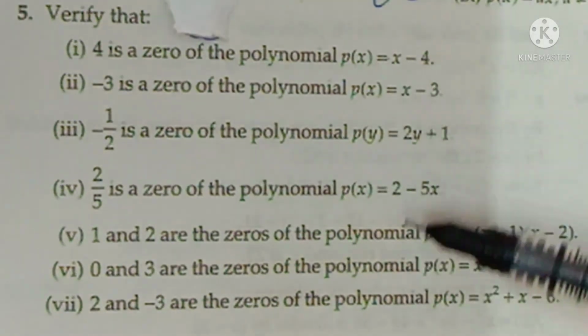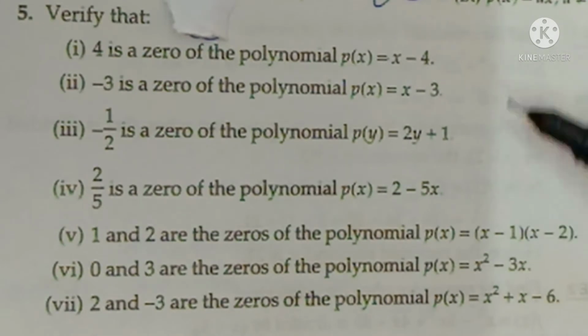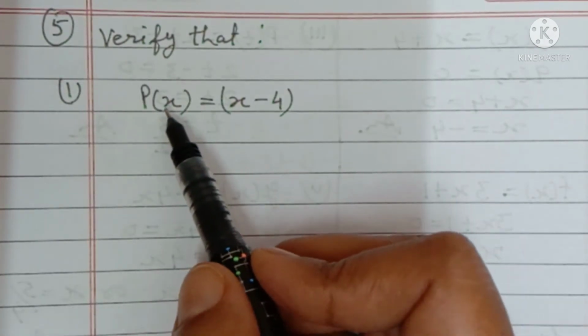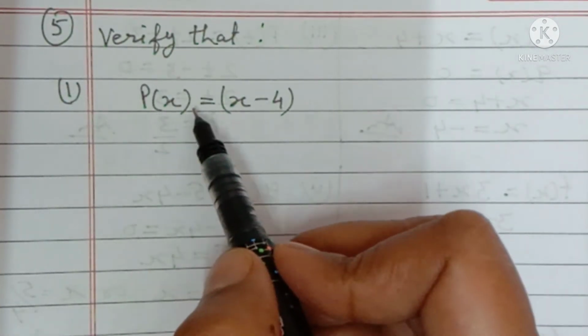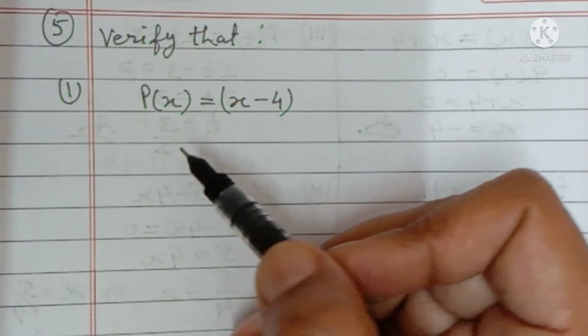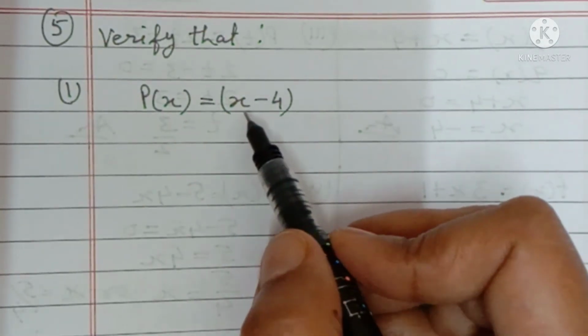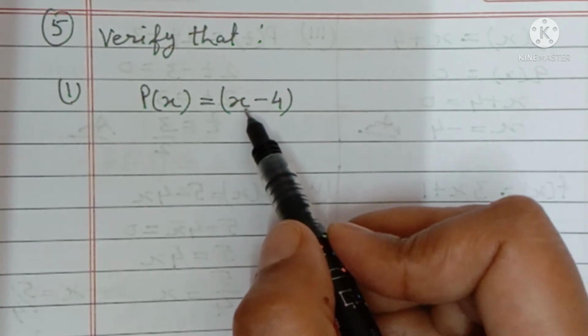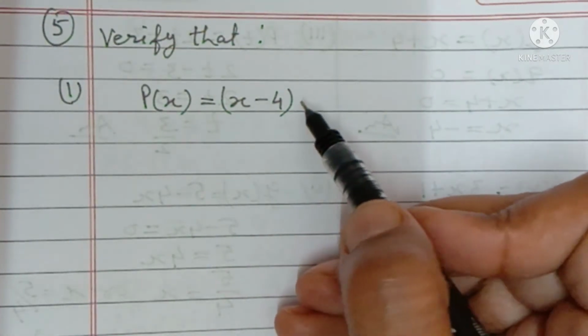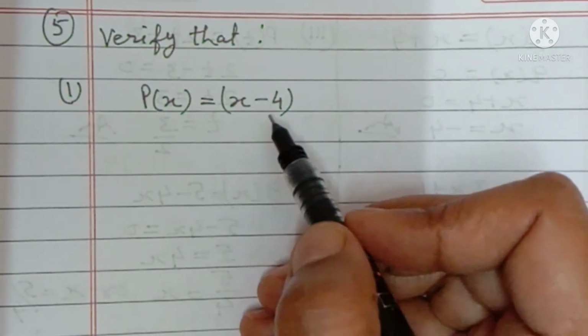So we will do it right now. And how to do? See. In this question, it is asking whether 4 is a 0 of the polynomial. So we have to substitute the value 4 in place of x, and if the polynomial becomes 0, then it is a 0 of the polynomial.